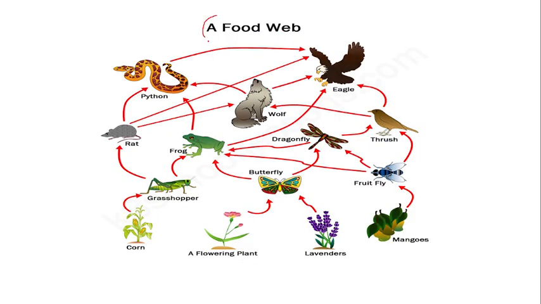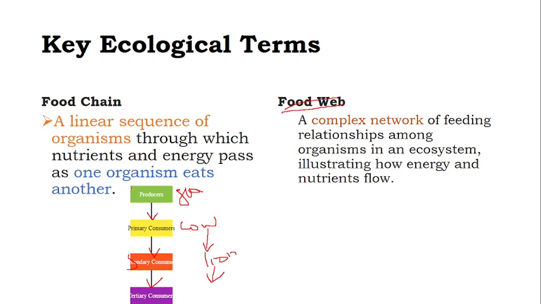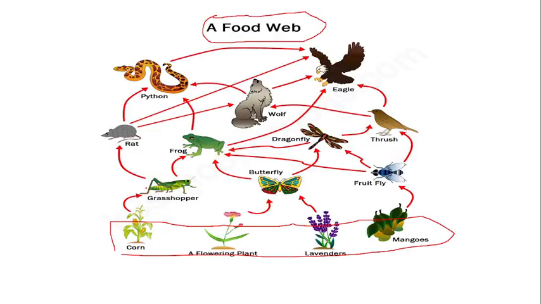So here, as you are seeing, this is the picture of the food web. The organisms which can make their own food are called producers. So apart from the producers, any organism which eats the producer is called a primary consumer.